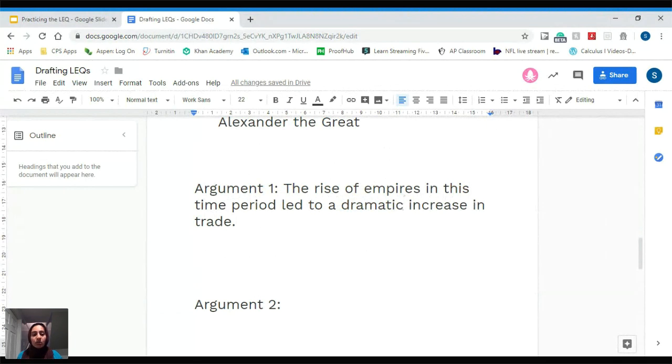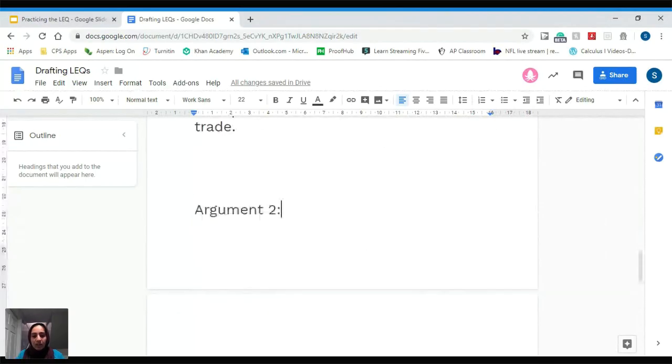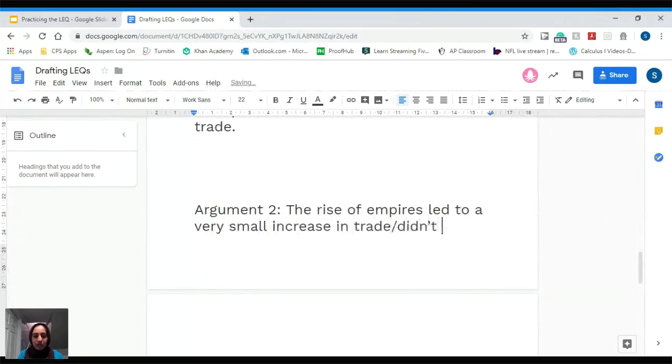So for your second argument, you could also say that the rise of these empires led to a little increase in trade rather than just saying, no, it didn't lead to an increase in trade. So for your second argument, you could say the rise of empires led to a very small increase in trade, or you could say it didn't lead to an increase in trade.